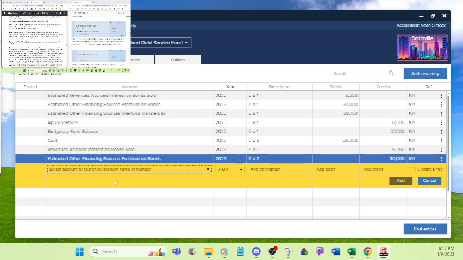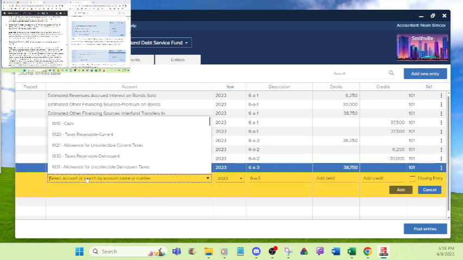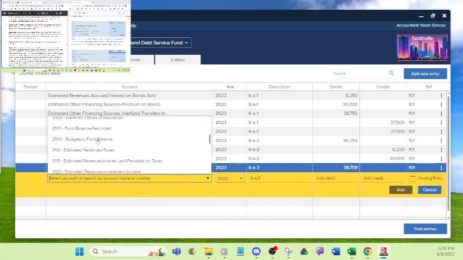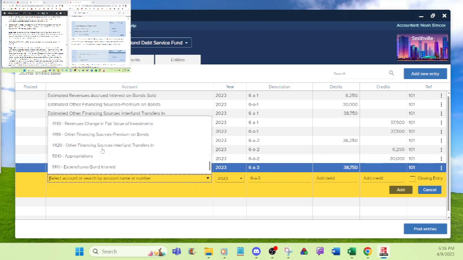Well, it received cash, therefore cash. And then transfer in, other financing sources.